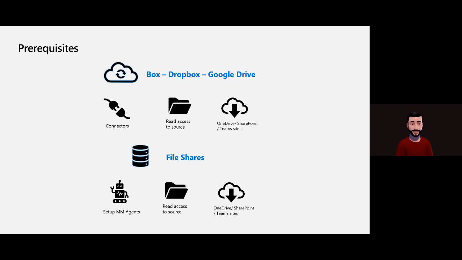You're going to create the connector, and that connector must use an account that has at least read-only access to the source, regardless of whether you're coming from Dropbox, Box, or Google Drive. That doesn't change a thing. You have to have access to those sources.